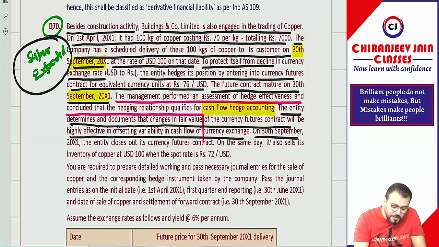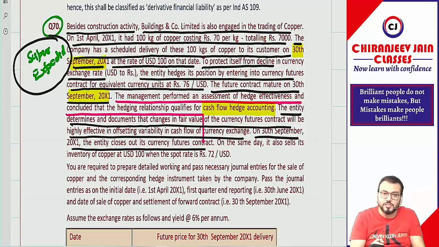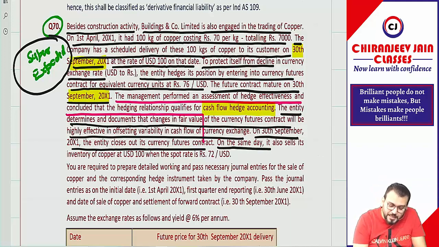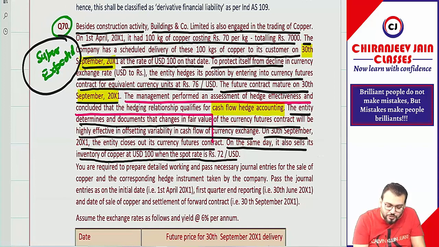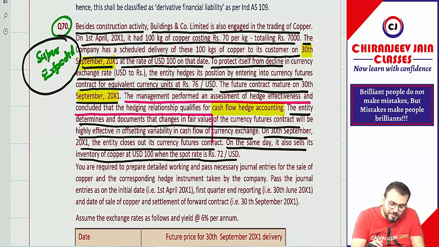On 30th September 2001, the entity closes out its currency future contract, means they have settled it. On the same day, it also sells its inventory of copper at US dollar 100 when the spot rate is 72 per US dollar. So they have also sold the inventory.